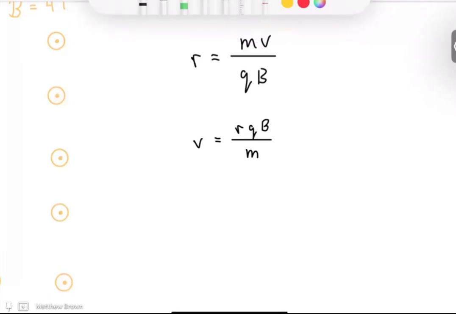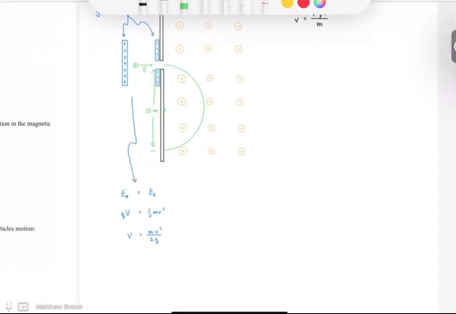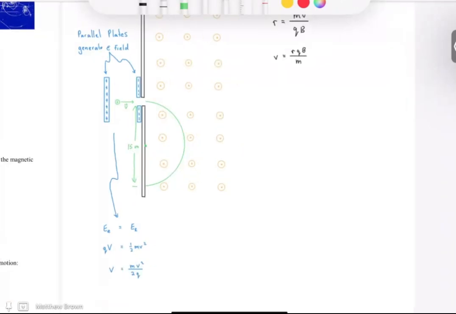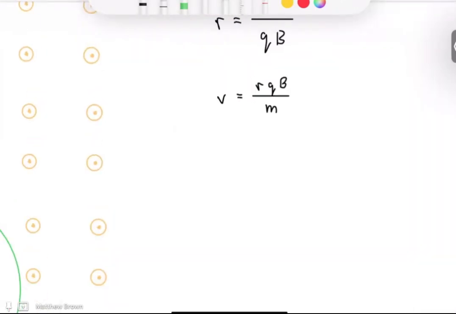Now you could actually just go and substitute that in here. Since you've got some of the same things like m, R, and Q, I might just do that. But you could also just get the number, right? You could also say, you know what, I just want that number, and then I'll go back to the other equation. So why not?